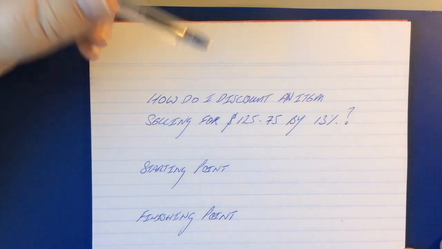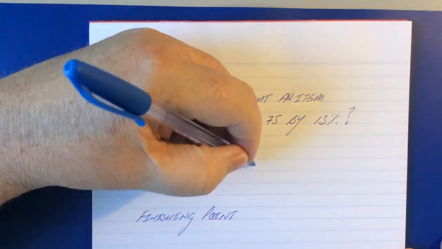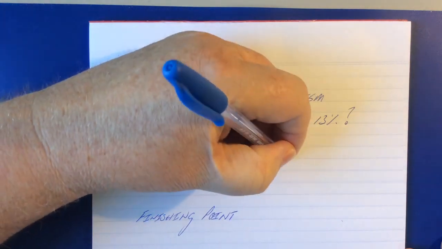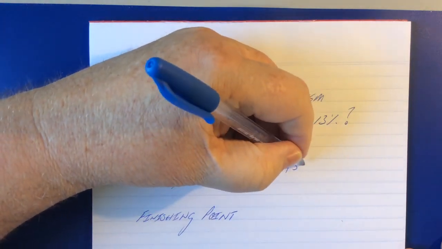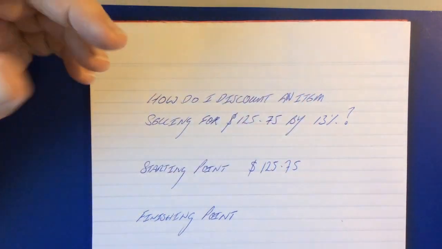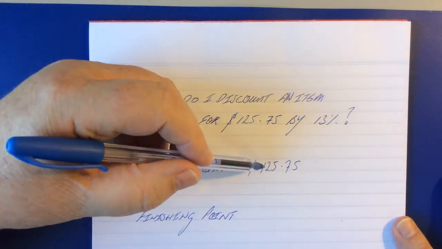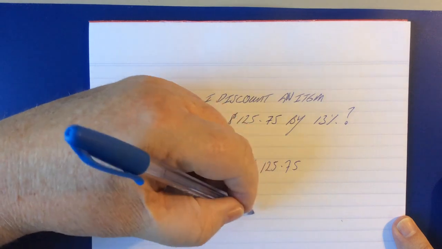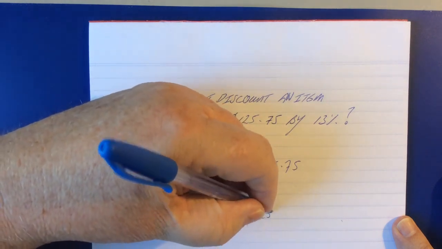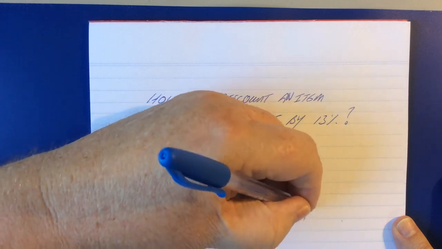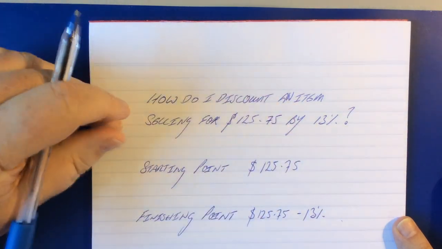So we start with our starting point, which is the $125.75. Now, the finishing point of this is going to be $125.75 minus 13%.